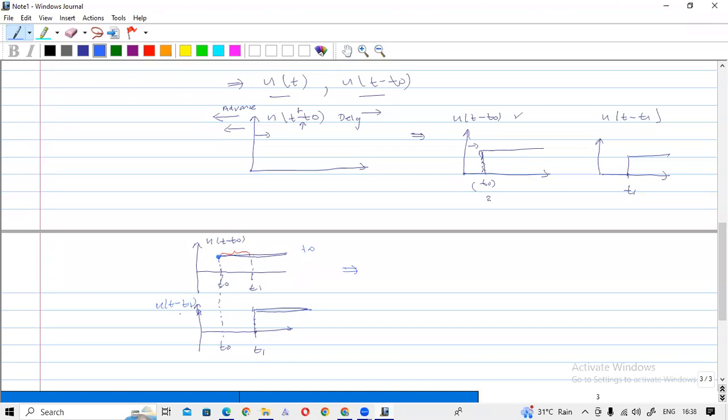And in u(t - t1), you have values from t1 to plus infinity. Now you have to keep only these values, and you have to get rid of the values from t1 to plus infinity. So what do you have to do? Please tell me what you have to do.